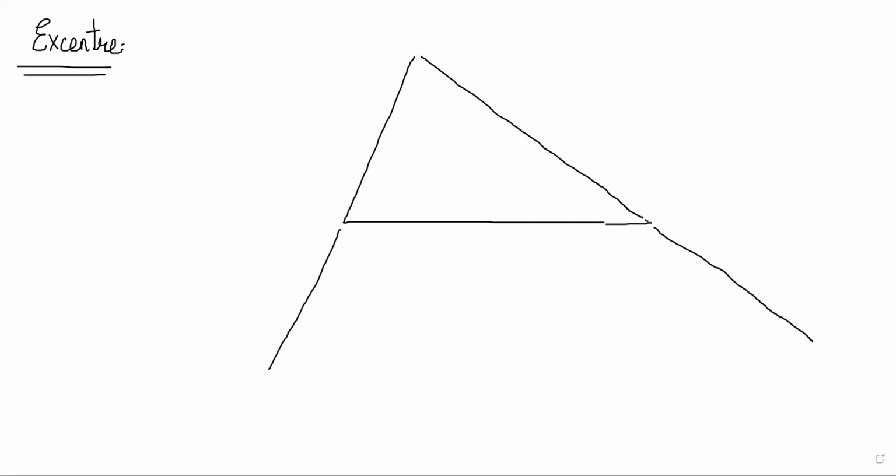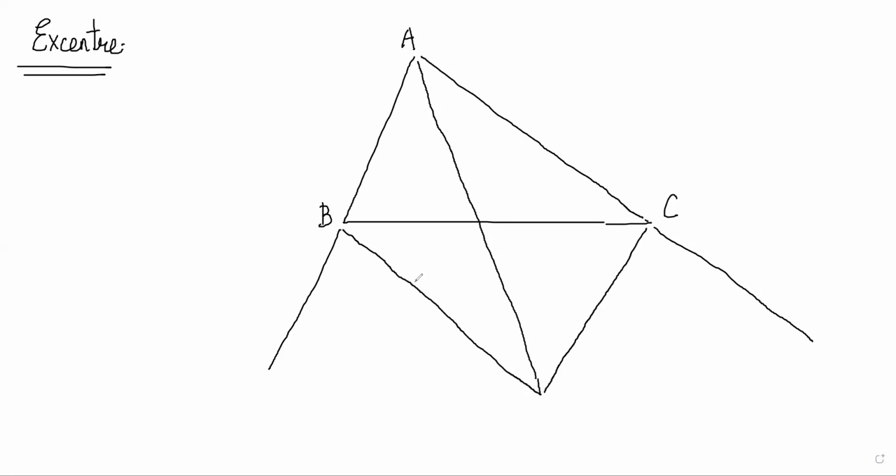So if my triangle is like this, A, B, C, then this internal angle bisector and these two external angle bisectors meet at a point. So this angle is being bisected, this angle is being bisected, and this angle is also being bisected. These three lines will meet at a point called IA, which is the A-excenter of the triangle.